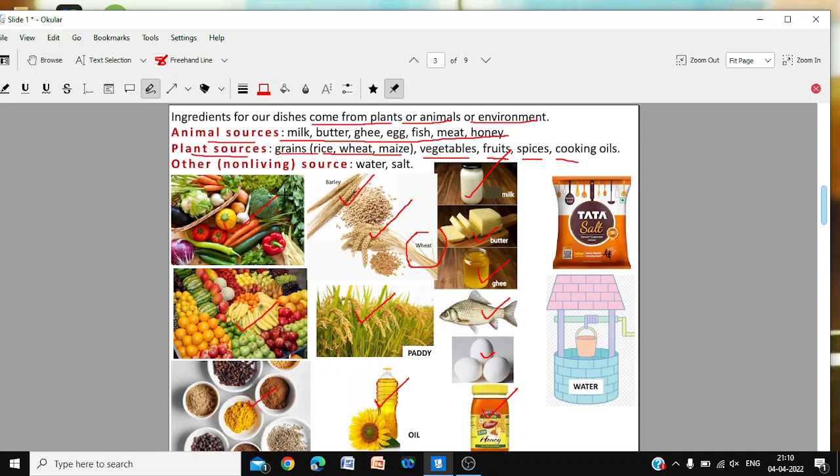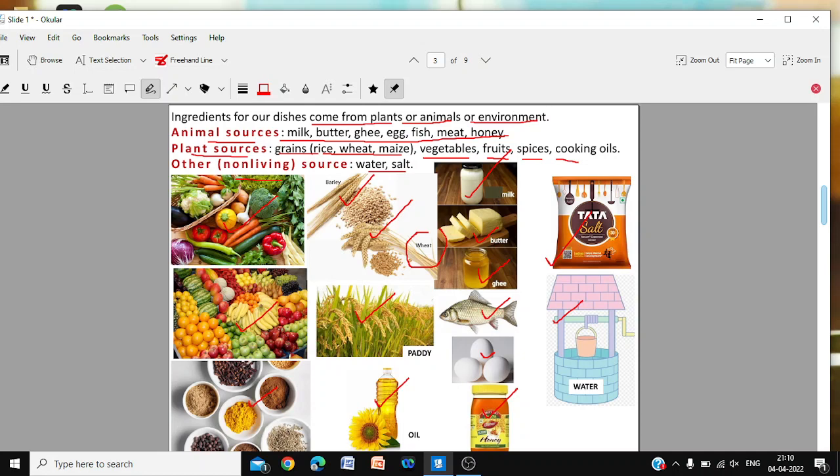These actually come from plants, plant sources. Now, two very important items come from non-living sources: water and salt. Water, you get from wells, lakes, ponds, and salt we get by evaporating seawater. So, salt and water coming from the non-living environment.